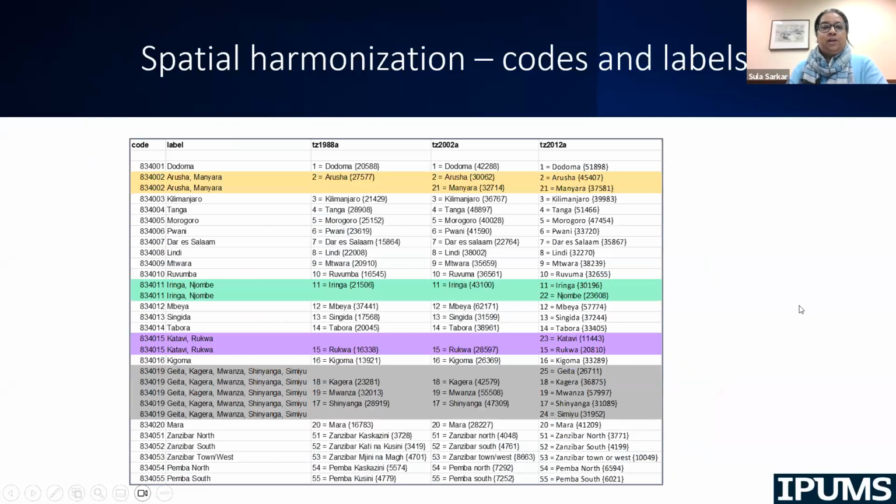To do that, we combine the units into a combined unit where you have a similar spatial footprint across the years. Here we have Arusha and Mayanara combined together, and then based on the same color coding, you arrange and rearrange the units.